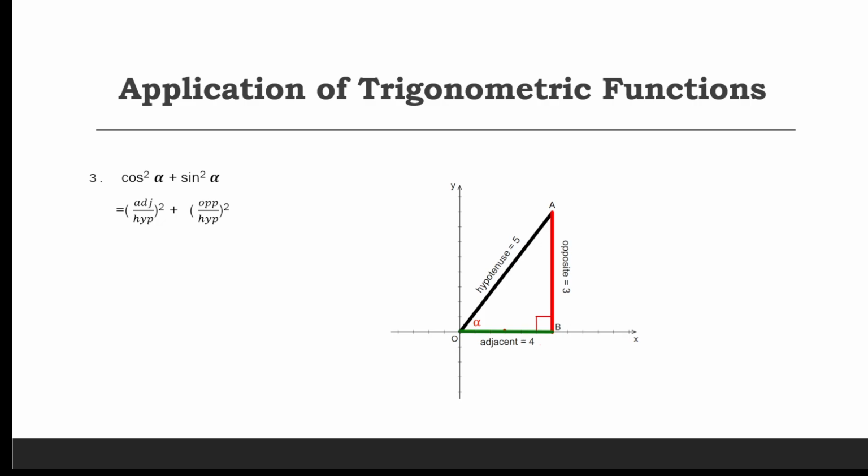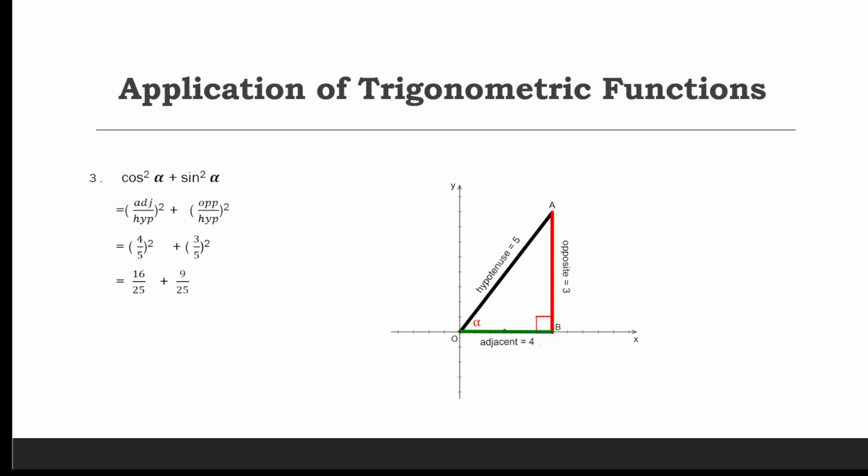And knowing that sine is opposite over hypotenuse, sine squared would yield opposite over hypotenuse, all squared. Substituting the values, we get 4 over 5 squared, since the adjacent side is 4 units and the hypotenuse side is 5 units. And the opposite side over hypotenuse would yield 3 over 5, and then we square it since it's sine squared.